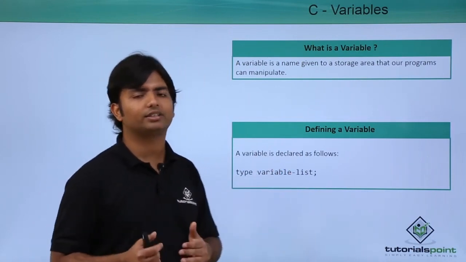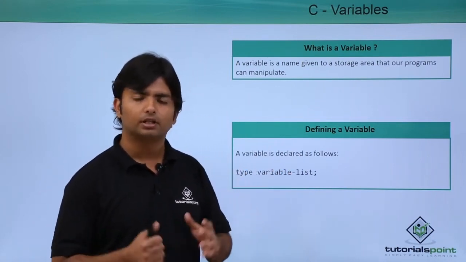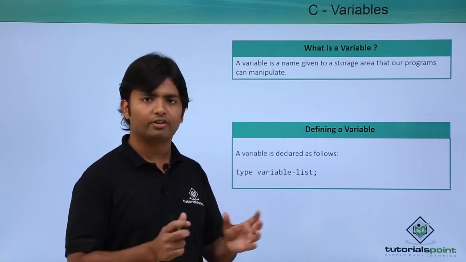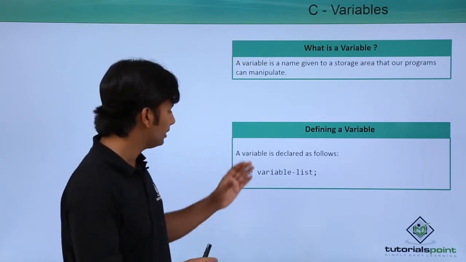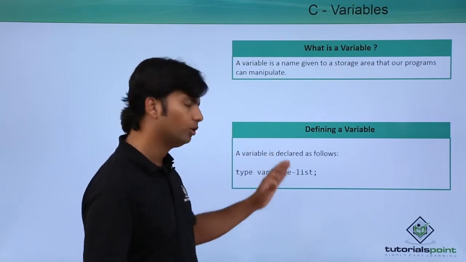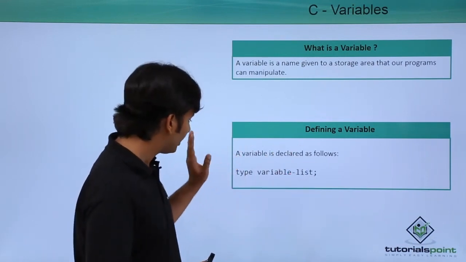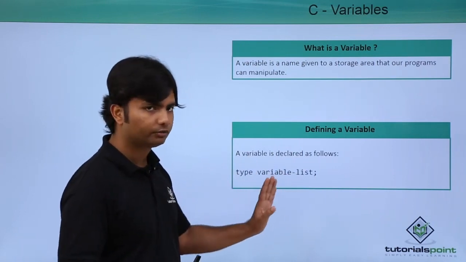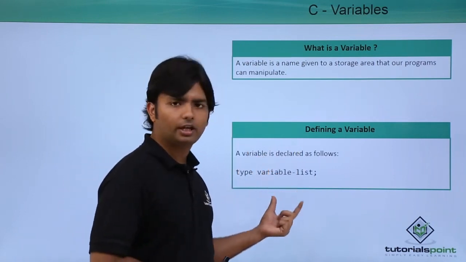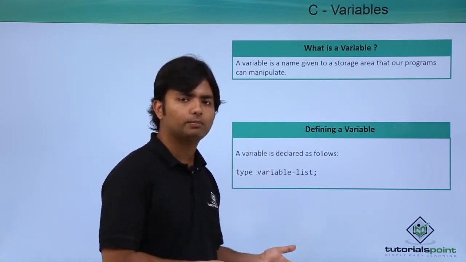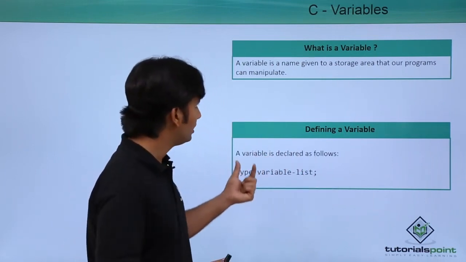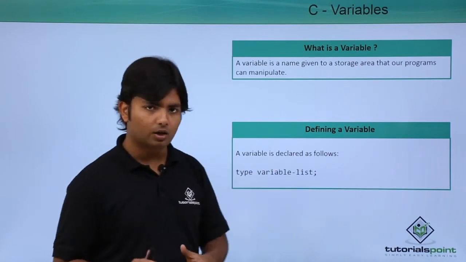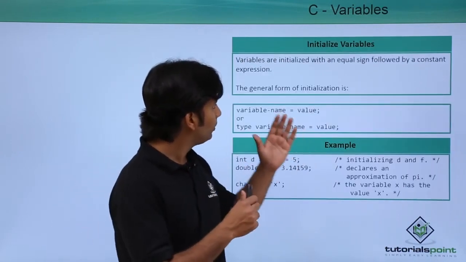We have already discussed in our basic syntax chapter how to name a variable, how to name an identifier. The same logic applies here while naming your variable. After specifying your data type, that is int or float, whatever, you can write the name. If there are multiple, you can simply separate them with a comma, but all the variables will be of the same data type.